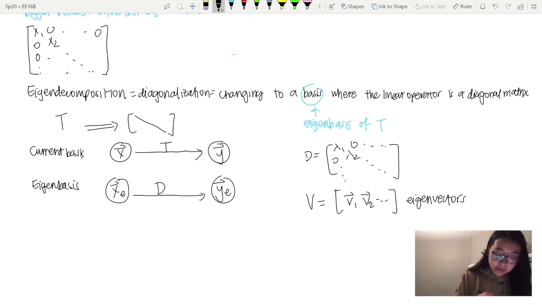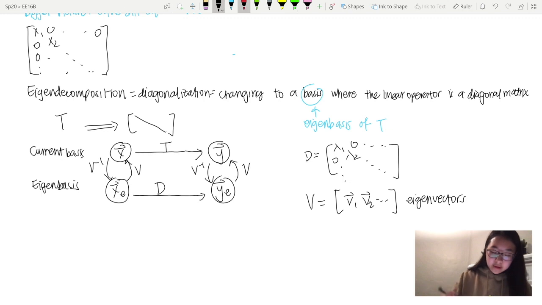Then if you're going from the eigenbasis back to the current basis, you would multiply by V. And if you're going in the opposite direction, then by V inverse. And that goes the same for the y.